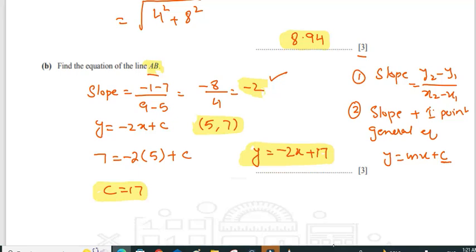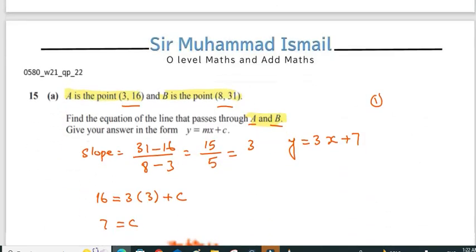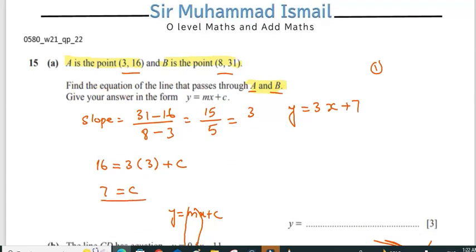This is what has happened over here. You are going to find the value of c to be 7. You substitute it again into the main general equation, and this is the final answer.